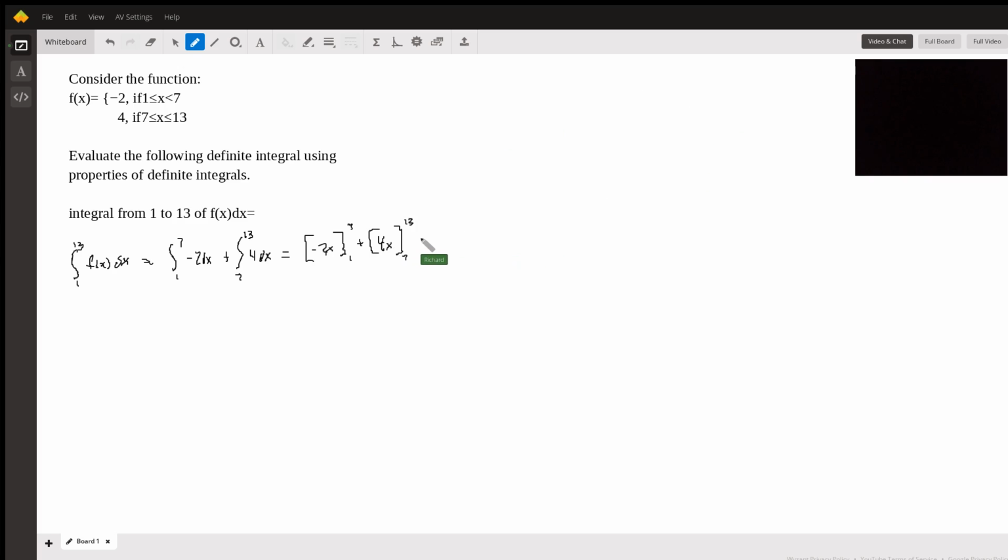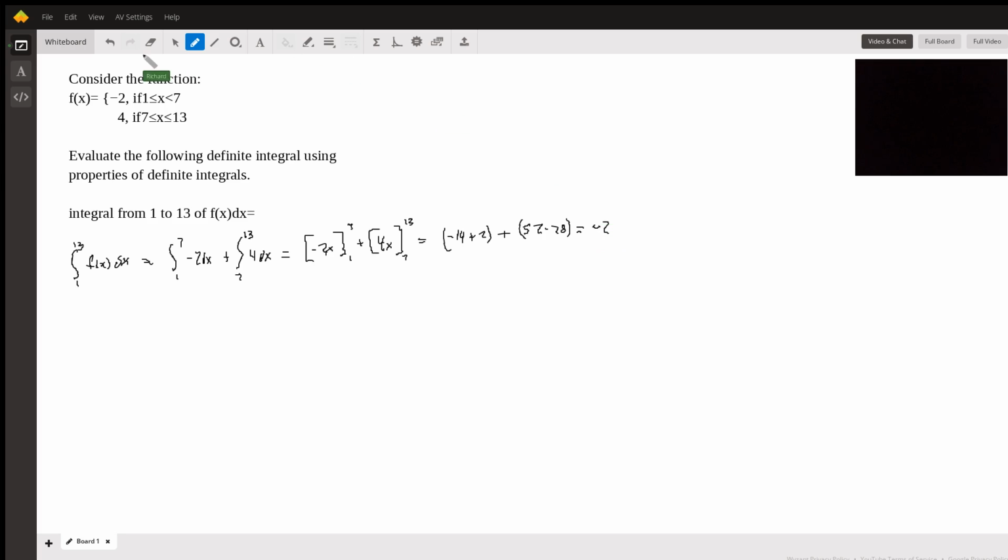And then this is going to be negative 14 plus 2 for the first integral plus 52 minus 28 for the second integral. And that's equal to negative 12.